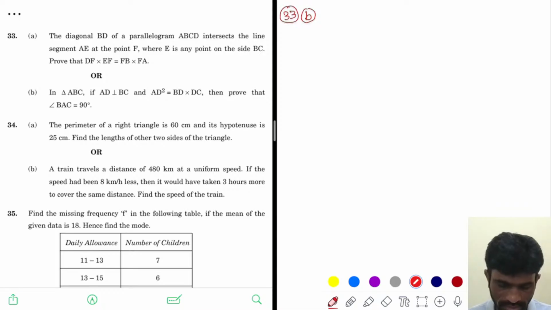In 33B, it is given that in a triangle ABC, AD is perpendicular to BC. So draw a triangle ABC.